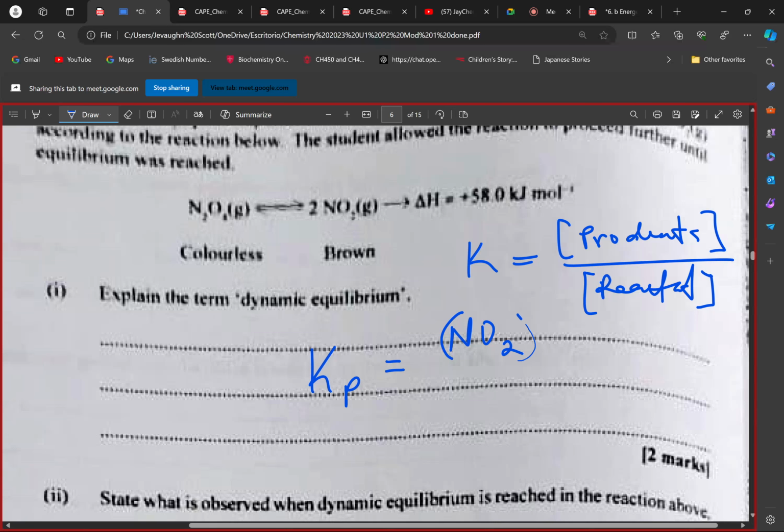We use regular brackets and we have the P, divided by the pressure of N2O4. Sir, aren't you supposed to raise the P at the top to the second power? Yeah, we're going to raise the partial pressure to the stoichiometric coefficient. And that's Kp. Oh, okay.